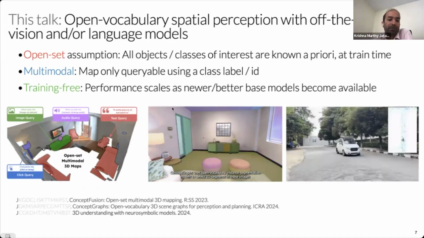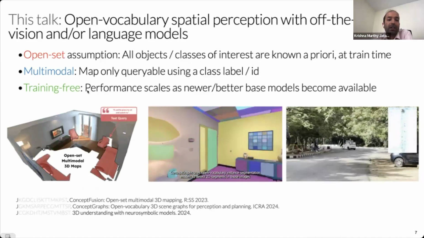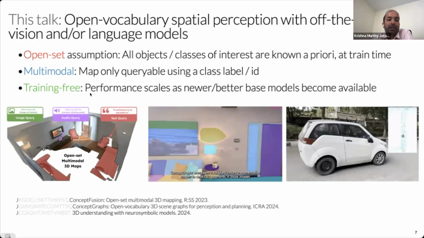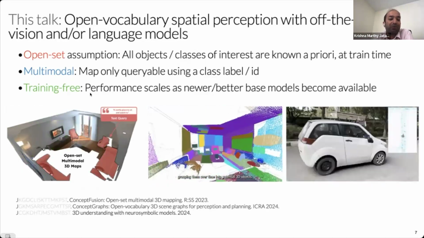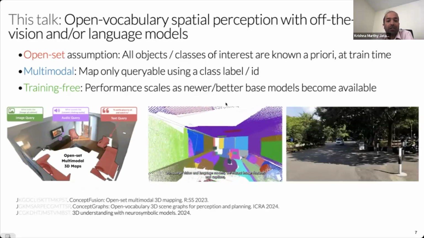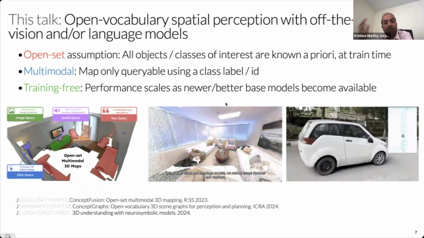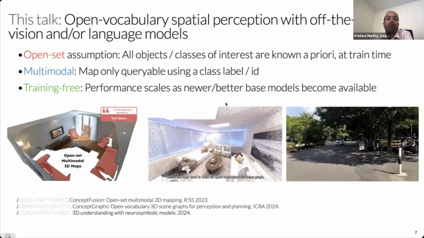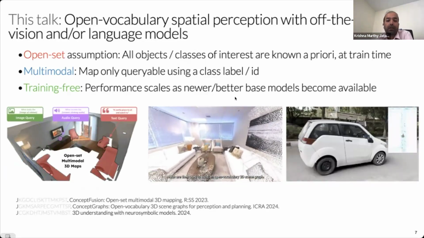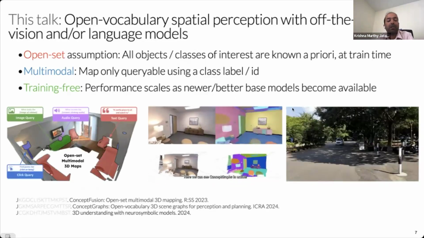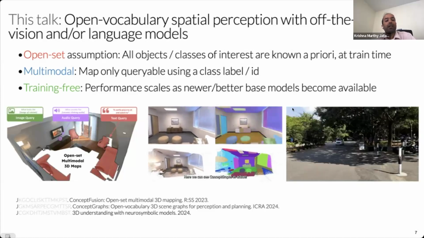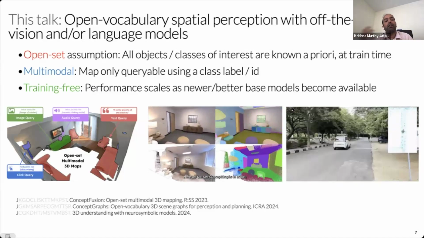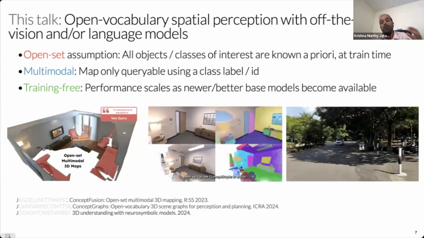And the reason we want to be training free really stems from the fact that we get a new model or multiple new models each day or each week. And we just want the performance of the overall system to scale as newer and better base models become available. So it's the setting where someone does all the expensive work of training a large model for you, and you are trying to figure out how to engineer using these models for 3D perception.